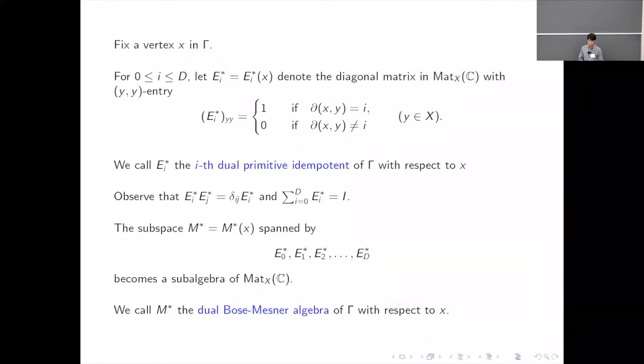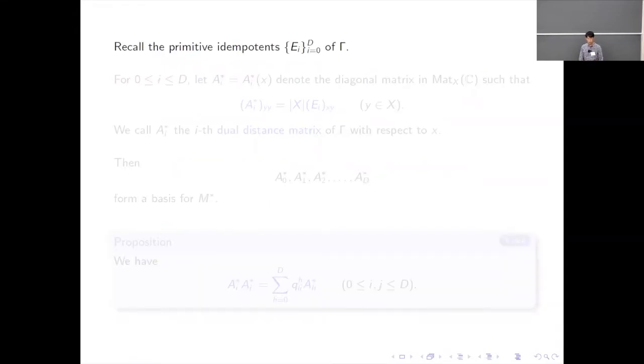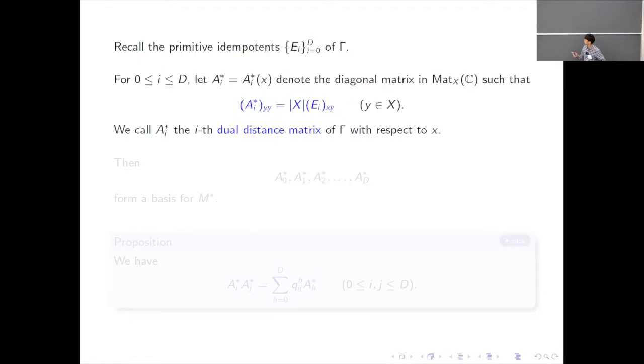Because we defined the dual primitive idempotents, it's natural to define the dual adjacency matrix. So we recall the primitive idempotent Ei. We define the diagonal matrix Ai star of x, satisfying that the yy diagonal entry of Ai star is the xy entry of Ei times the size of X. And we call this Ai star the dual distance matrix of Gamma with respect to x.